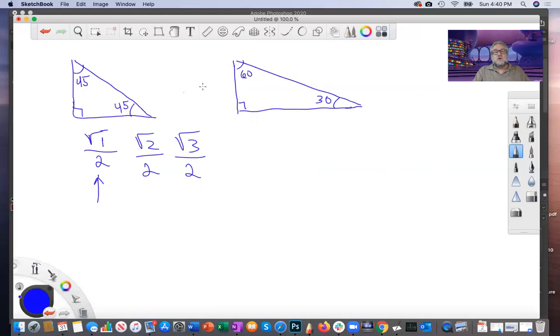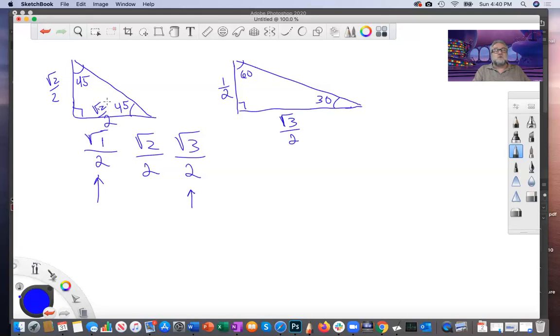So square root of 1 over 2, that's just 1/2, right? And then the biggest side is square root of 3 over 2. Well, this is 45, that's 60, that's the biggest angle. So this must be radical 3 over 2. And that leaves these to be square root of 2 over 2, and this one square root of 2 over 2.